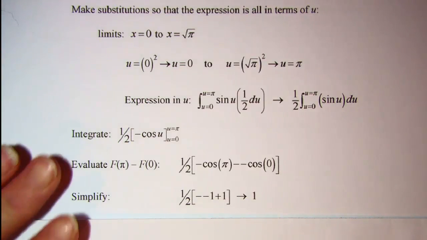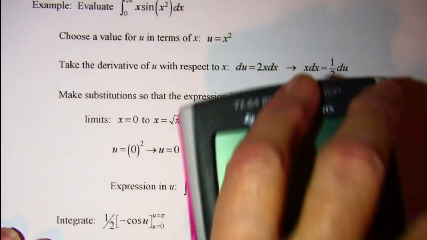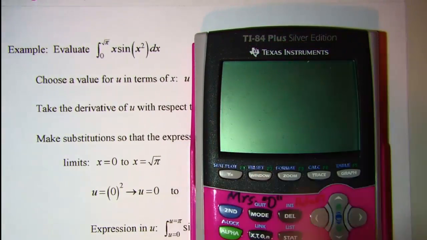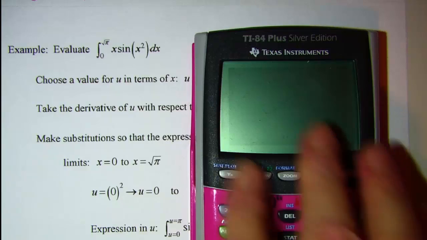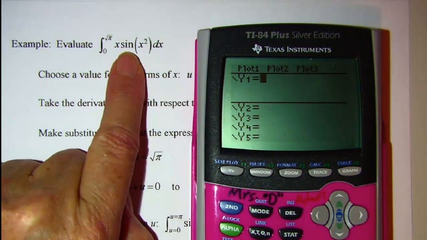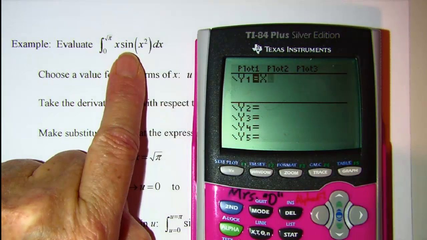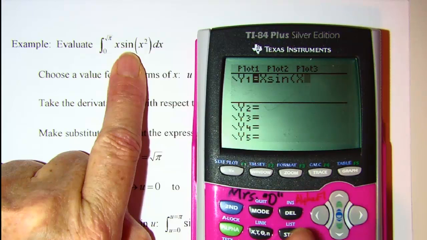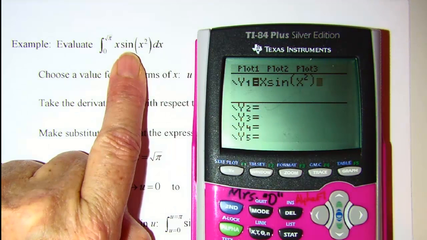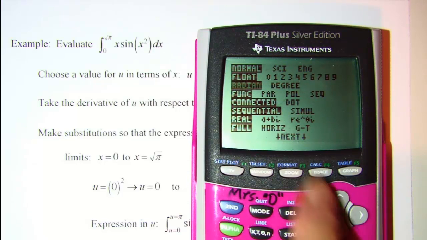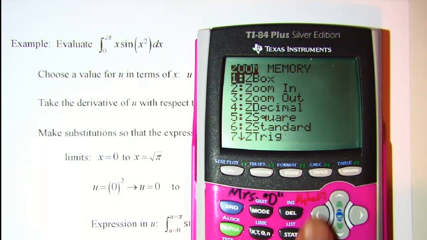Now let's look at this expression integrated on the calculator. Want x sine of x squared. We want our mode in radians. And we want a zoom trig.